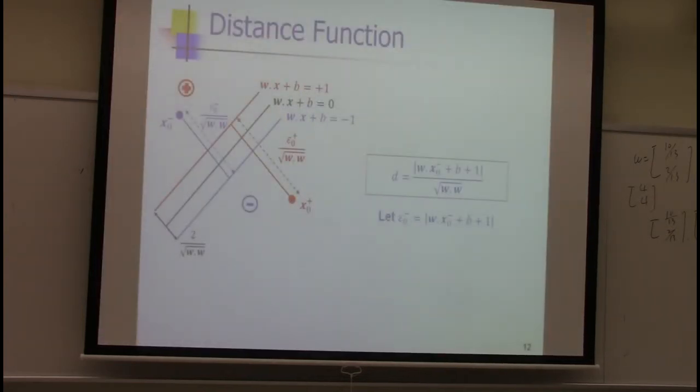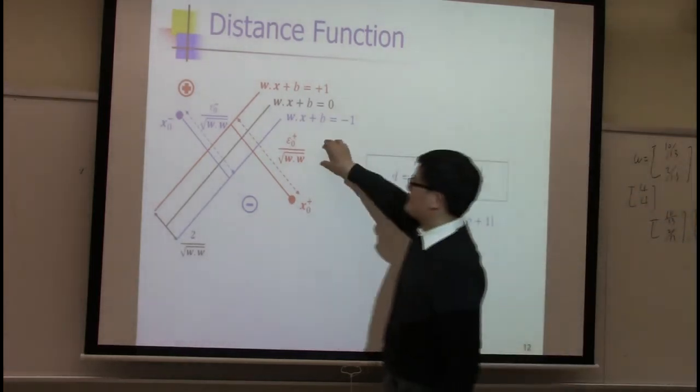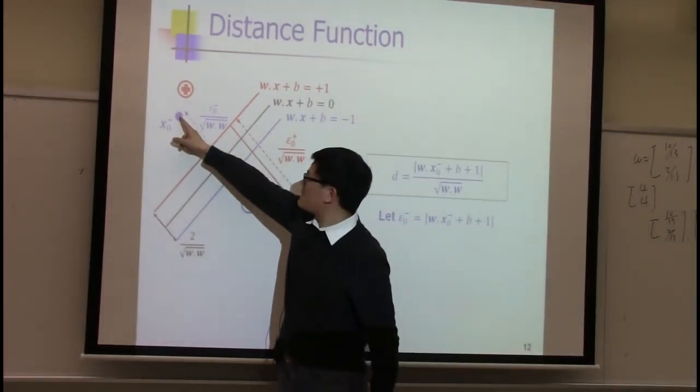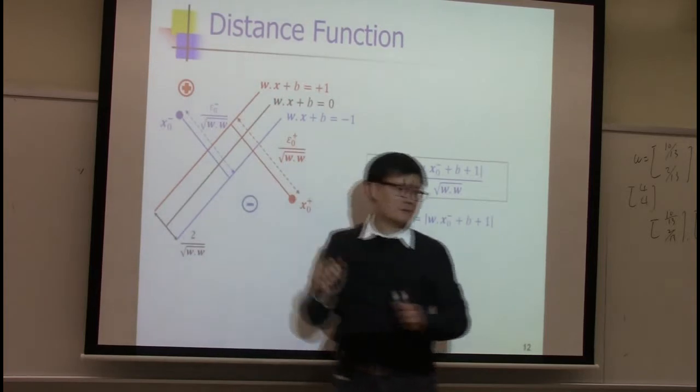Okay? So this is the error of the second point. So we have two examples. One is a positive point in the negative space. We have an error. This is the error. And then we have a negative point in the positive space. This is the error.